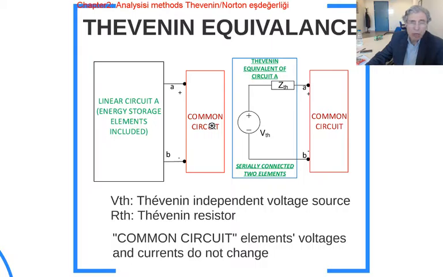So when you replace this many-element circuit with just two elements, the current and voltages of this common circuit, this common element or this load, do not change. Another way of saying it, assume that you have many elements here and you have this red common circuit. When you analyze it, you find all the elements' current and voltages within that red circuit. If you replace that green one with this Thevenin equivalent circuit, whatever you calculated in this red one will be the same.